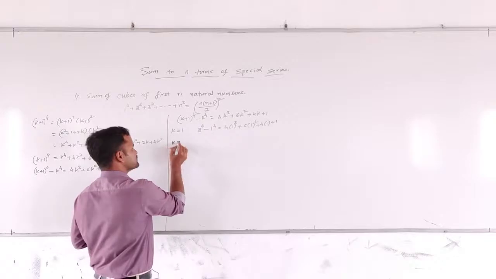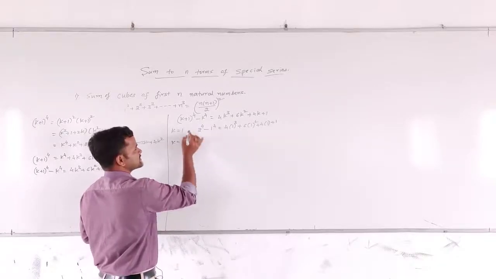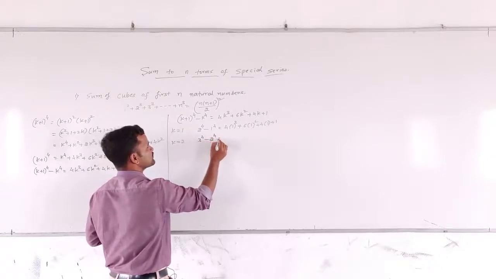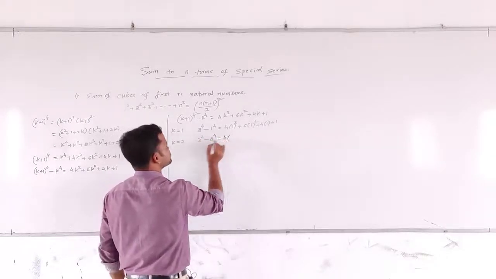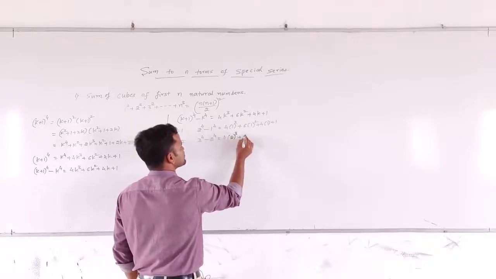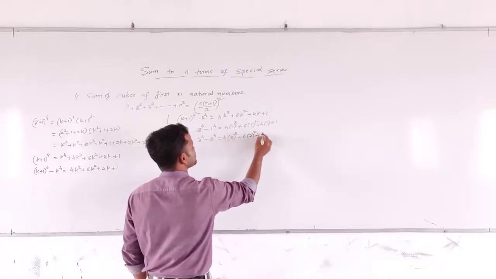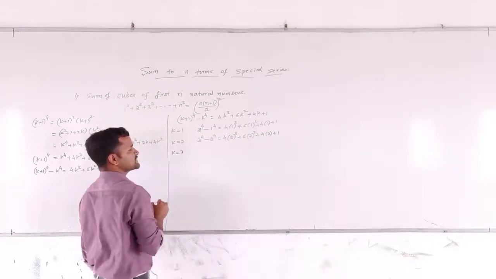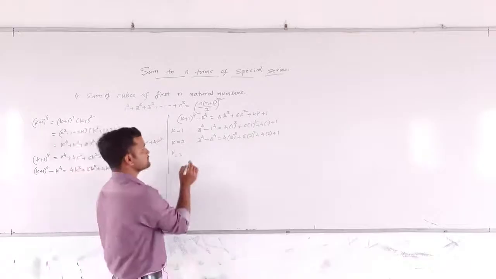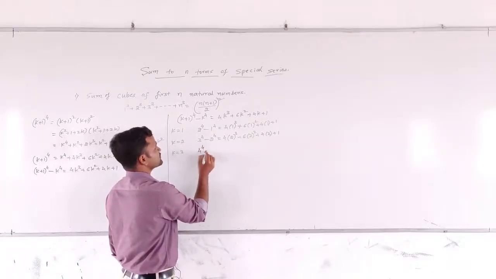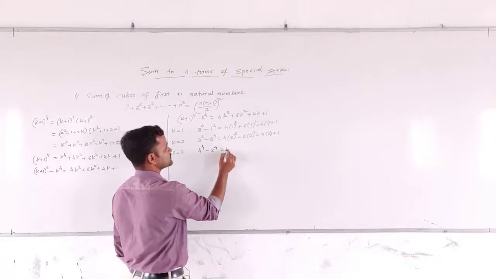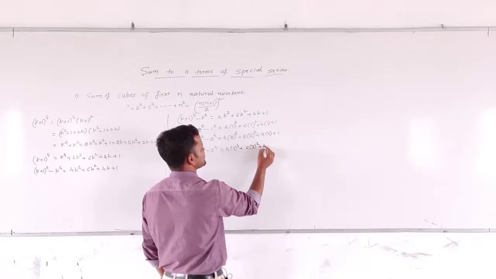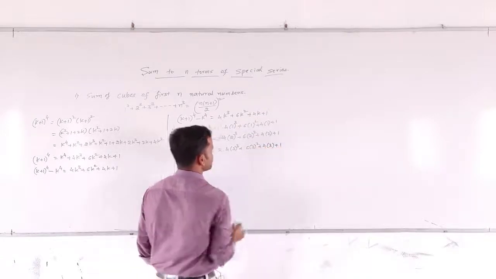Next, if I substitute k is equal to 2, this becomes 2 plus 1, 3 raised to 4 minus 2 raised to 4, which is equal to 4 into 2 cube plus 6 into 2 square plus 4 into 2 plus 1. Now you substitute k is equal to 3, the next natural number. This becomes 4 raised to 4 minus 3 raised to 4, which is equal to 4 into 3 cube plus 6 into 3 square plus 4 into 3 plus 1.